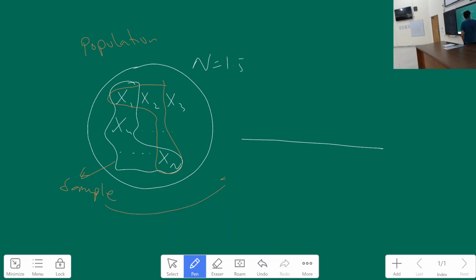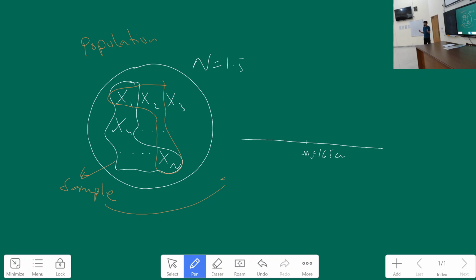My claim is that the average height of people in Swabi is 165 centimeters, let's say. Now, how do I check this? Let's say I ask each of you to go and independently try to verify it. Now, if all of you go and check the heights of all 1.5 million people, you will all come to the same conclusion, whatever that is.